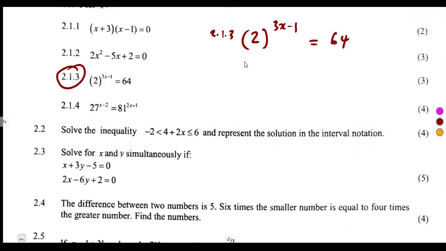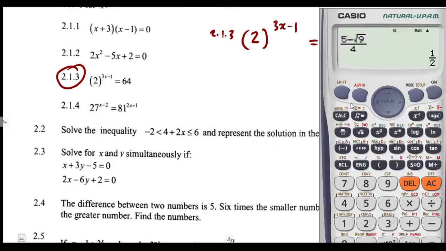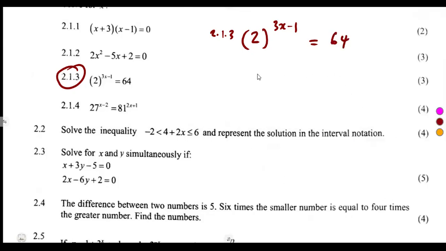So can you write 64 in the base of 2? Yes, that's 2 to the exponent of 6. Or you can test. On your calculator, shift fact, 2 to the exponent of what? Of 6. So thus we can use that one as 2 to the exponent of 6.